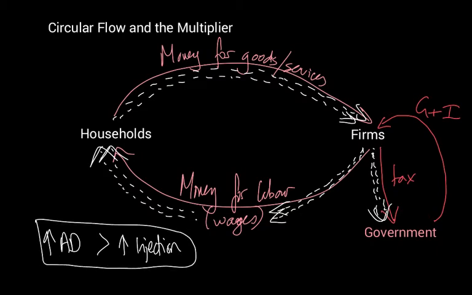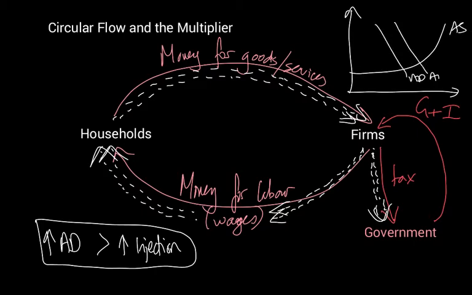So thinking in diagram terms, up at the top right here, if we have aggregate supply like that, the initial increase in G, let's say, will increase AD to there, but then there will be a multiplier effect. So although the initial government expenditure increased output from Y to Y1, the fact that there's a multiplier means that overall our output rises to Y2 as a result of this expenditure.